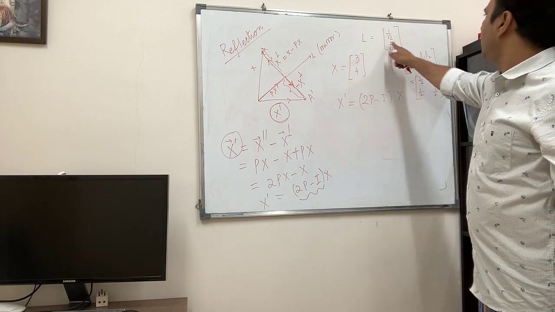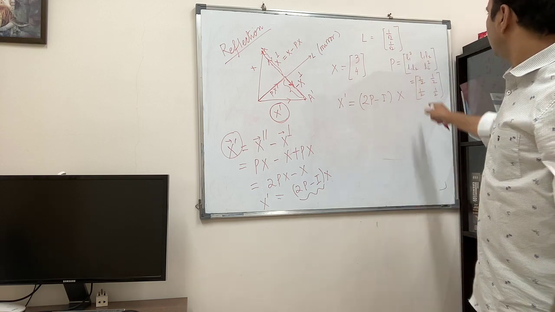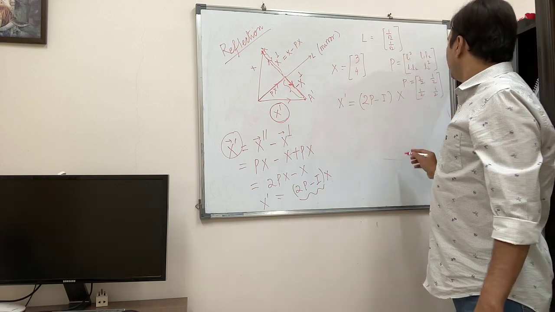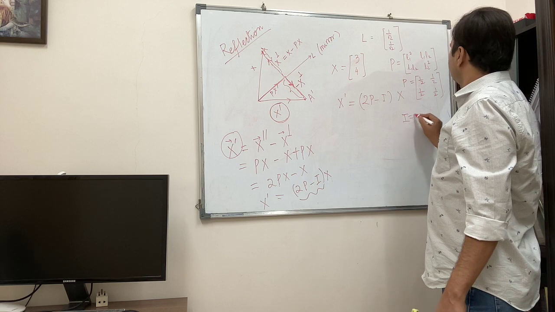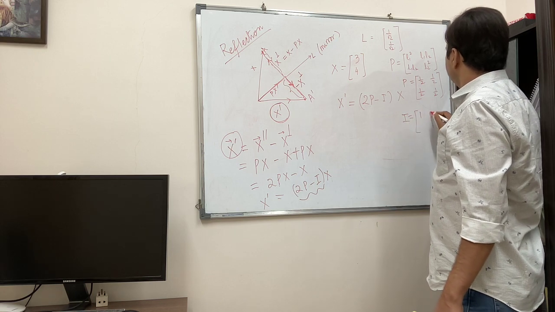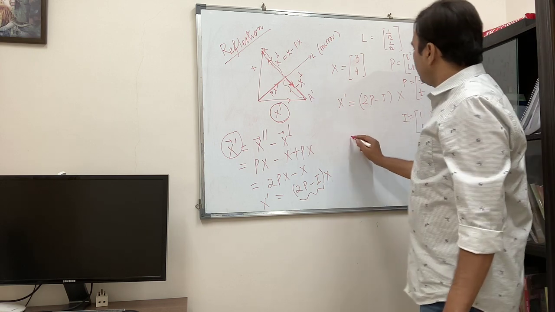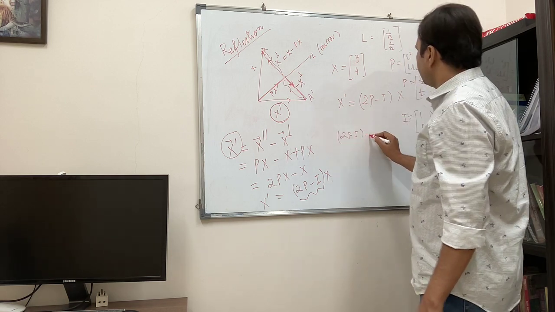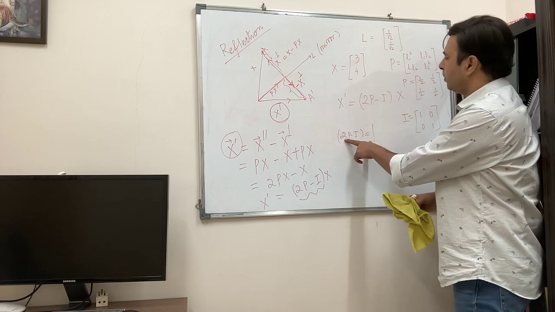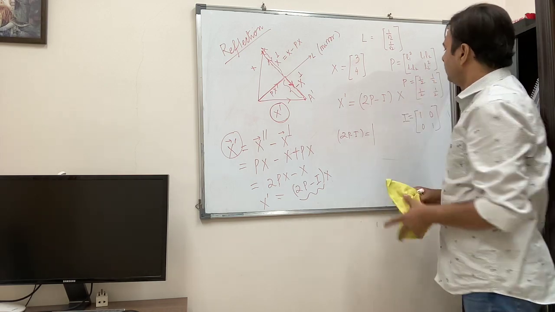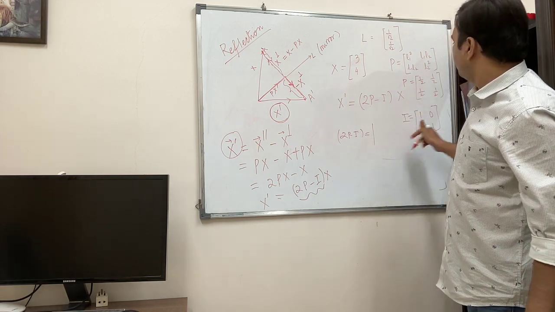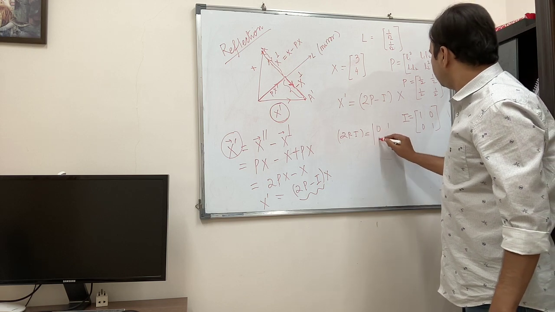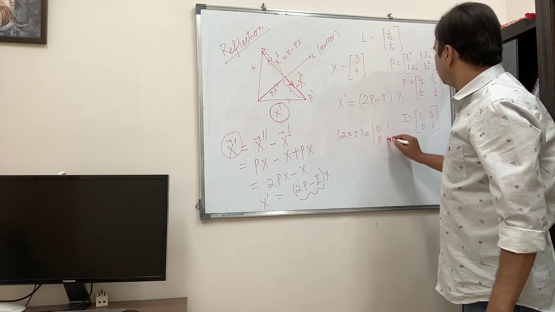L1 square is half, L1 L2, everything is half. So this is my P. And what is my I? My I is the identity matrix 1, 0, 0, 1. So what will be 2p minus I? If I multiply everything by 2, it will be 1, 1, 1, 1. And if I subtract I from it, it will become 0, 1, 1, 0.